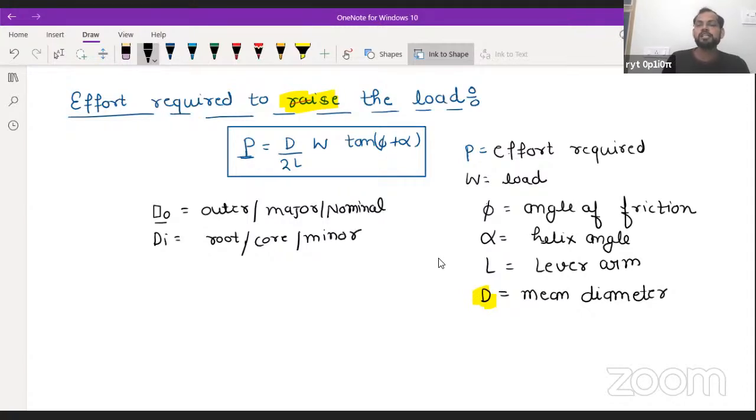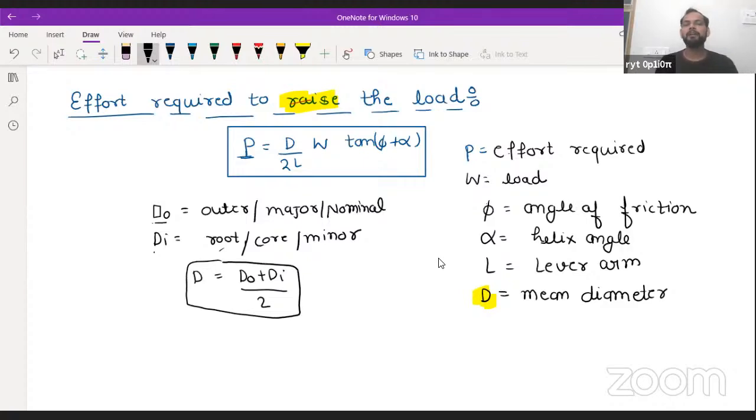Suppose the mean diameter is not given, and the outer and inner diameters are given, then how can you calculate the mean diameter? Mean diameter will be equal to outer plus inner divided by 2. Just calculate the mean diameter, put it here, and you get the answer.